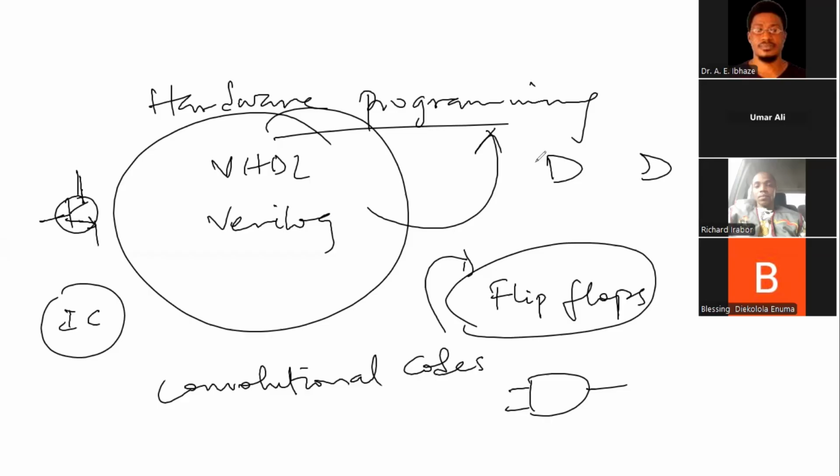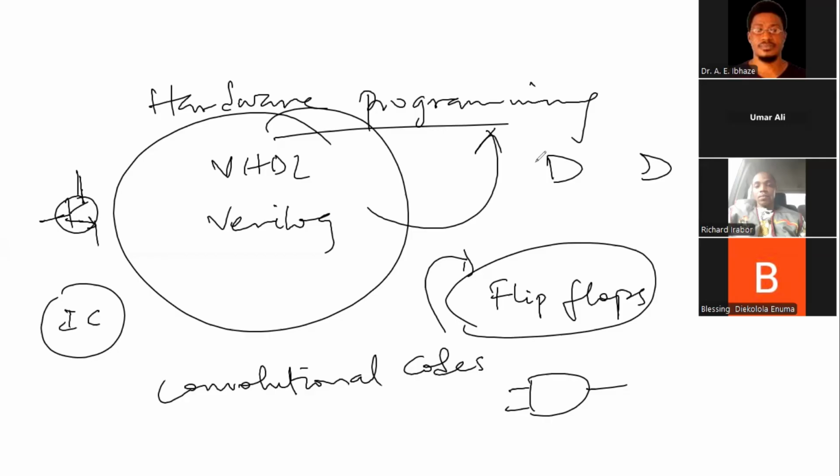And step up a bit, then we are able to also integrate our flip-flop models. Your flip-flop is still a combination of your combinational circuits, only that we are able to use it to maintain a certain state, depending on the type, is it JK, SR, T flip-flop, and all of that.